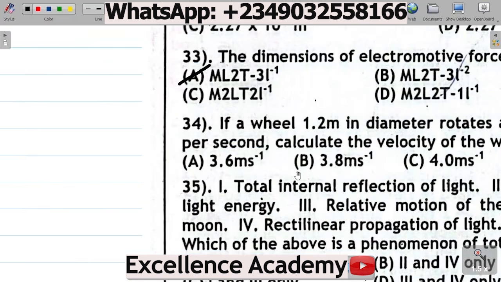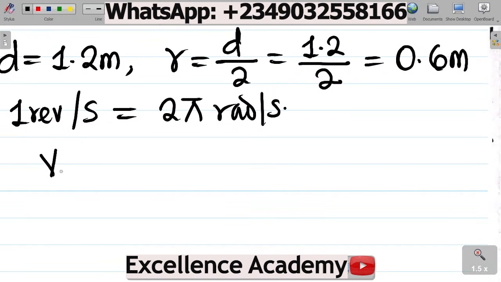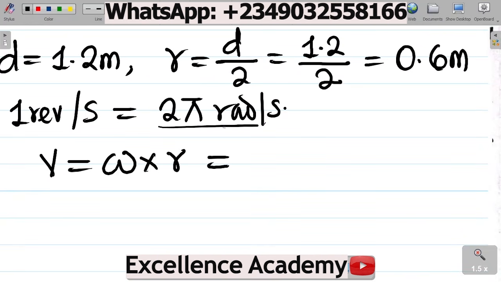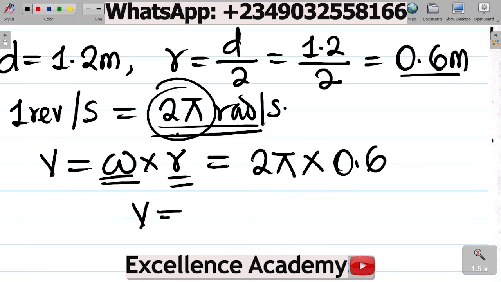Now with this, we are asked to find the velocity of the wheel. Record that velocity V is equal to omega, the angular velocity, times radius R. The angular velocity is what you have here in terms of rad per second, which is 2 pi, times the value of the radius, which is 0.6. So V is equal to, use your calculator, 2 times pi times 0.6.